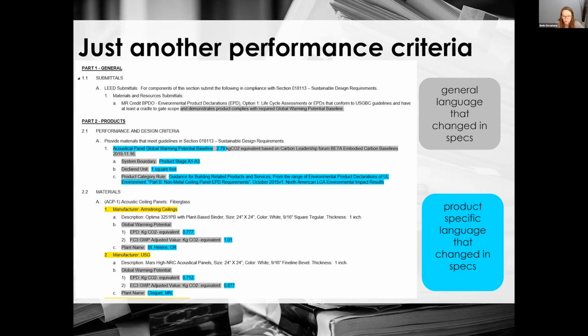So if you're unsure which one your project is using, you can include them both, or if you know, you can include one or the other. And also if you've selected which plant you want the product to come out of and that this data is based on, you'll want to include that too.